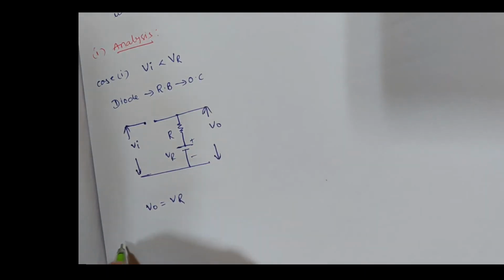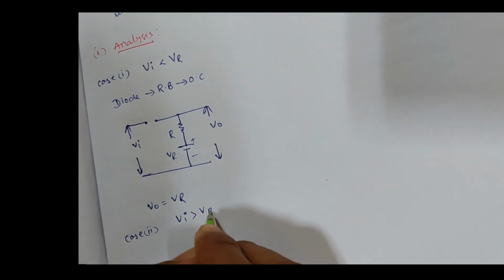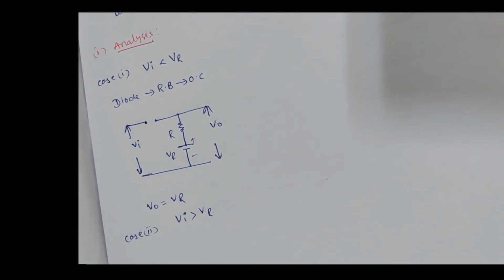In case 2, we are considering Vi is greater than VR. Then what happens? That means anode potential is more compared to the cathode potential. Then it is acting as a short circuit, so it is forward bias.